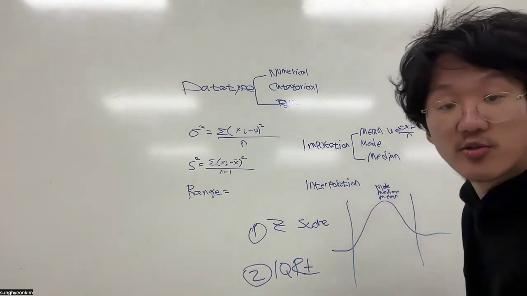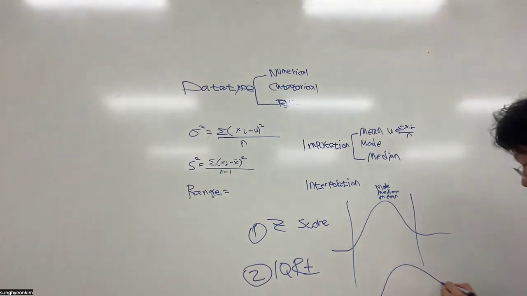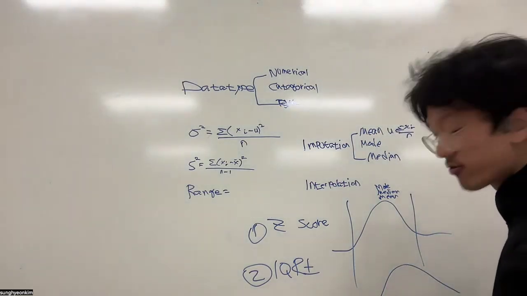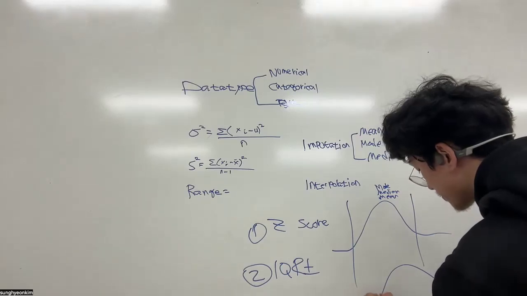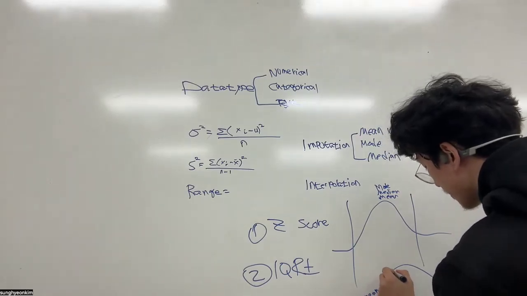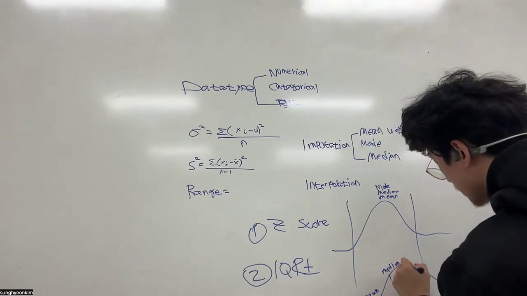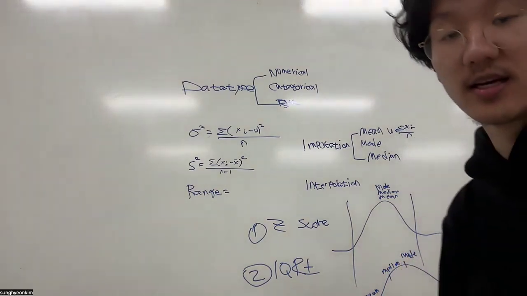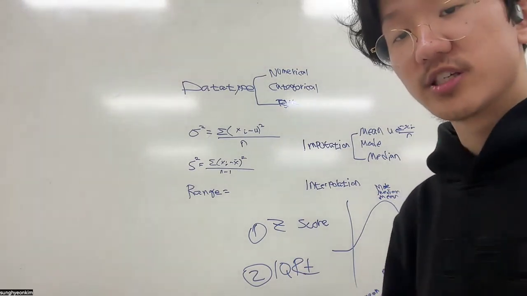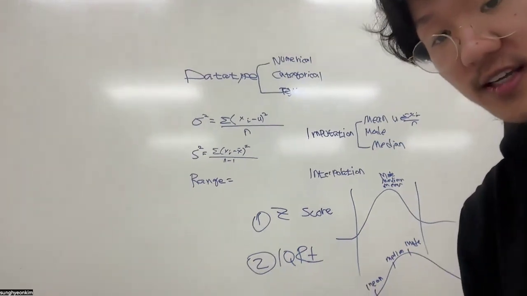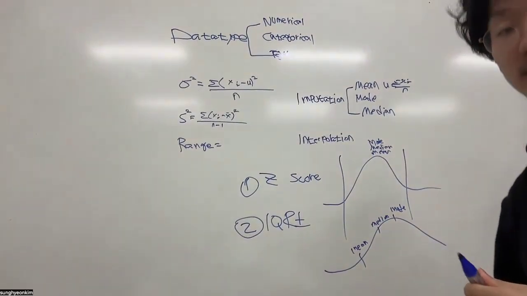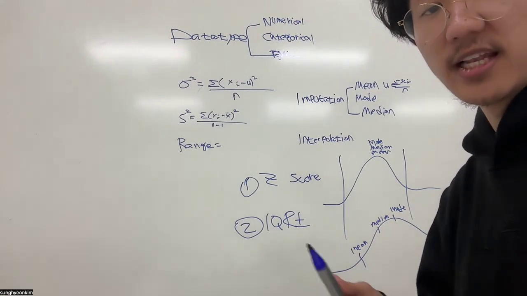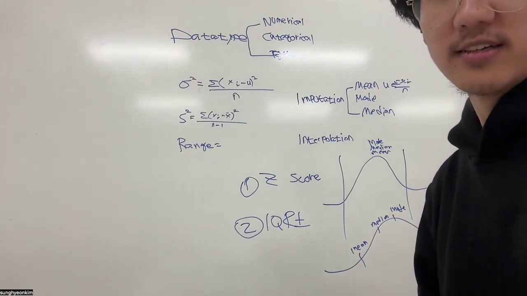But in the left skew and right skew cases, the mean, median, and mode are in different places. In the right skew case, the mean will be highest, since the mean is usually affected by the tailed value.